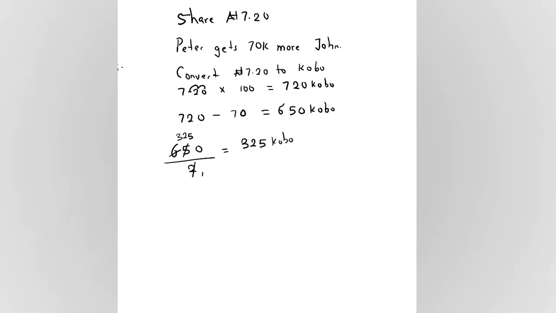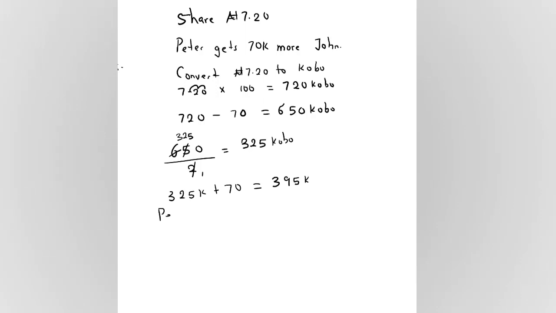For you to know the amount Peter will get, because Peter gets 70 kobo more than John, you now add 325 kobo plus the 70 kobo, which is equal to 395 kobo.